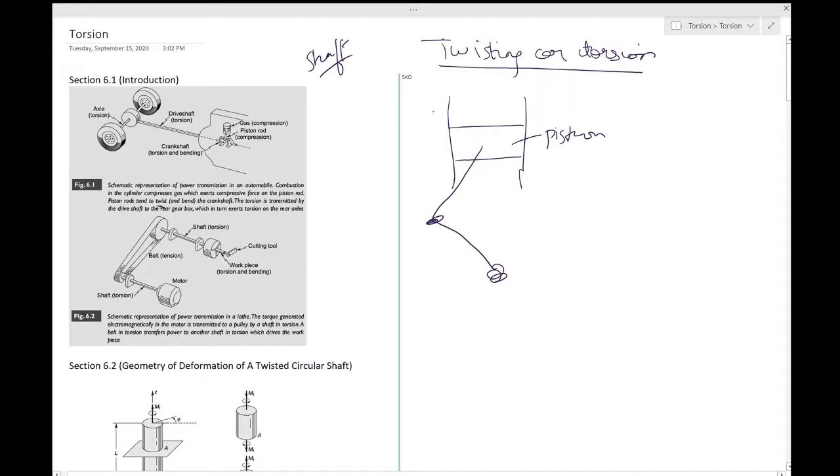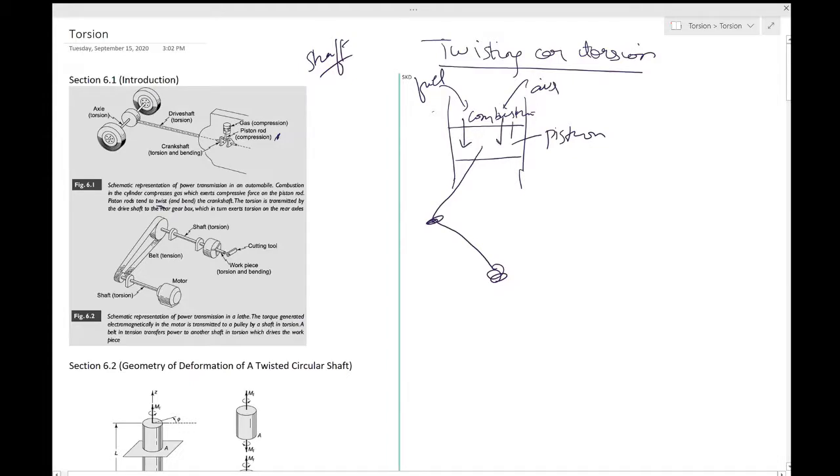Then there is an air and fuel mixture which gets in over here. Because of this air fuel mixture, the process of combustion happens. This combustion then pushes the piston down.